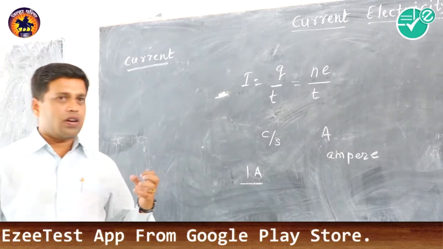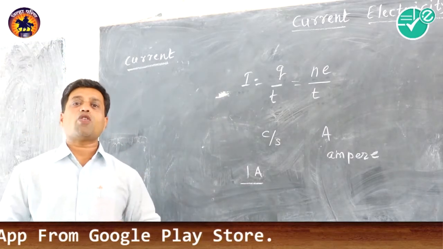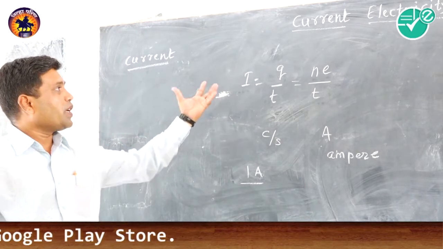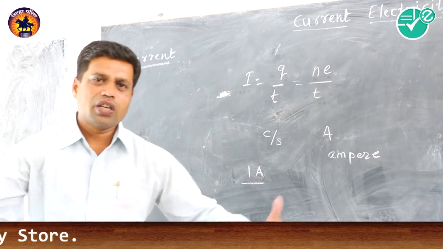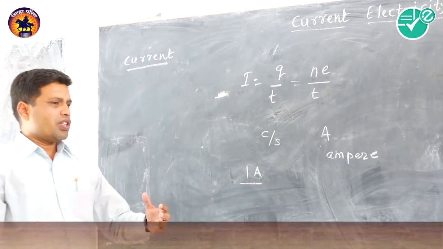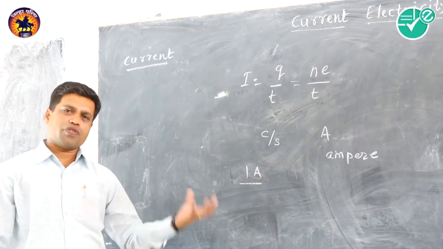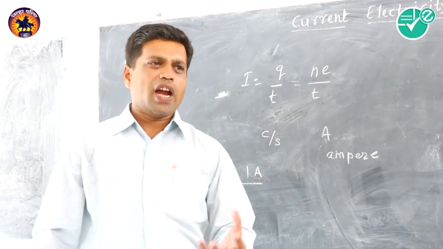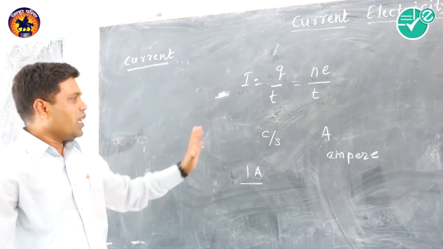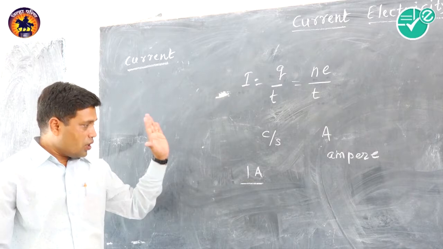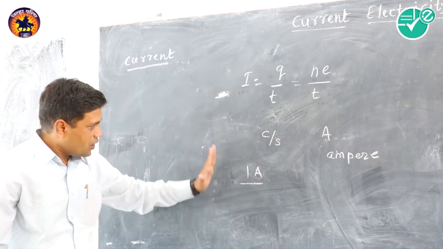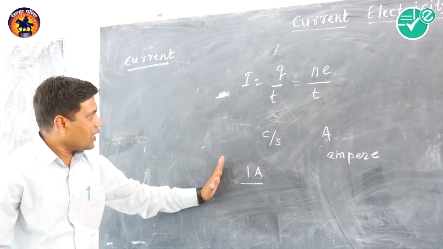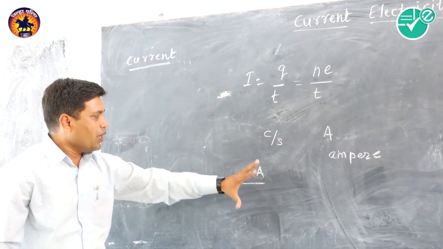Because without this fundamental concept, we cannot move forward, since this topic contains very important parts such as Kirchhoff's voltage law, Kirchhoff's current law, potentiometer, Wheatstone bridge, meter bridge, and so many topics that I will cover later on.